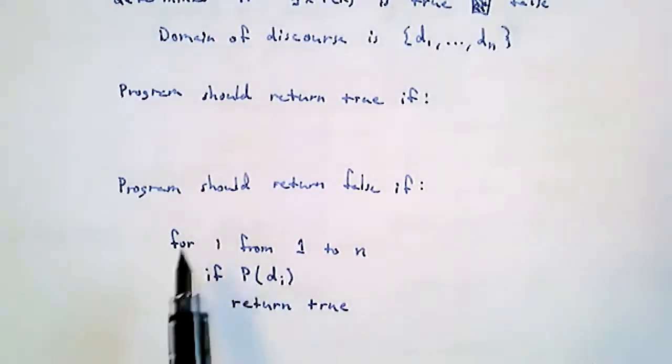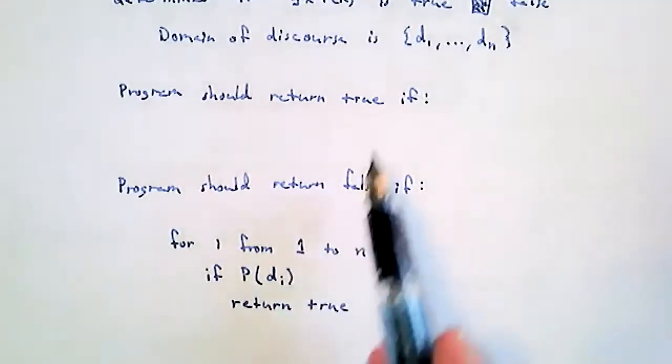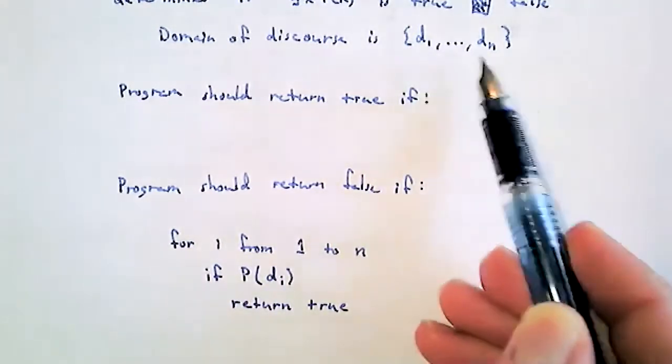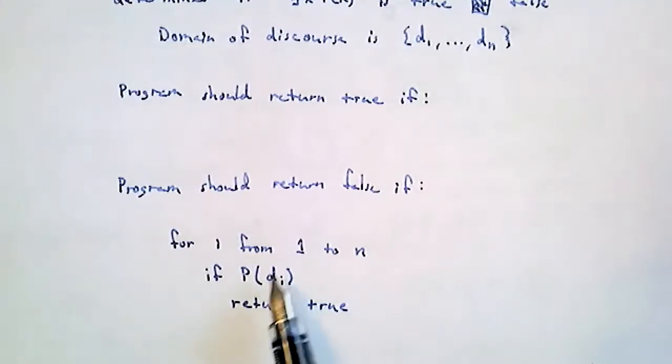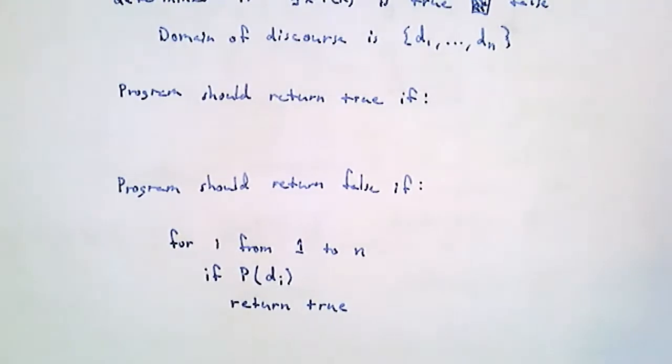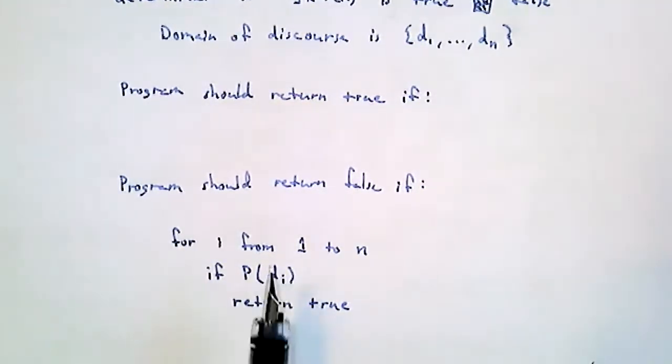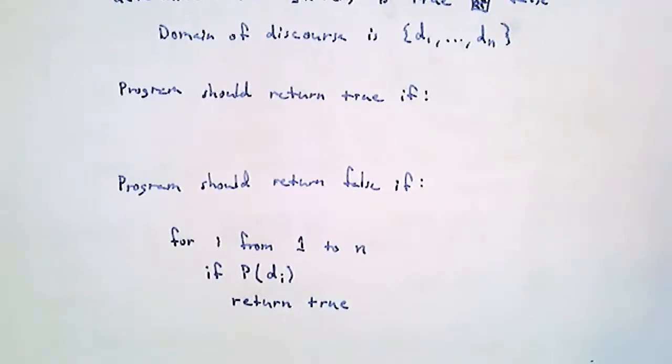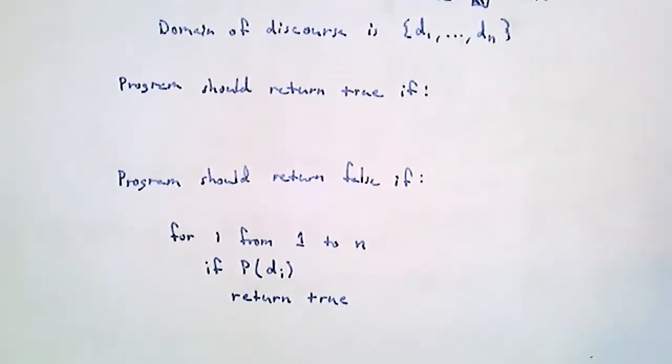Okay, so this for loop is going to cycle through our domain, plug all of them into the propositional function, and then it's going to return true the first time it detects a true statement from the propositional function. So what if this never is true? What needs to happen? Good.